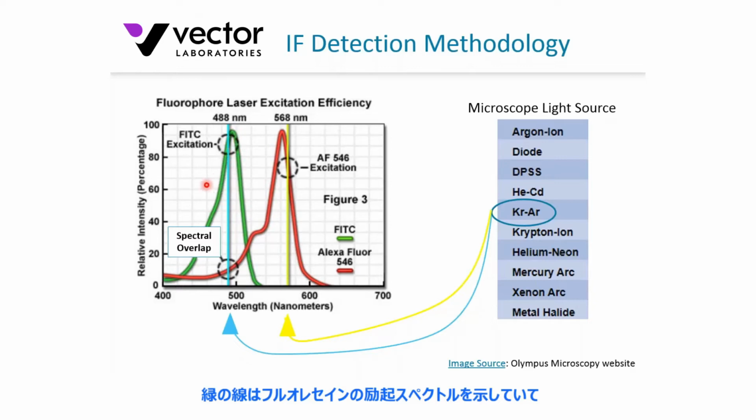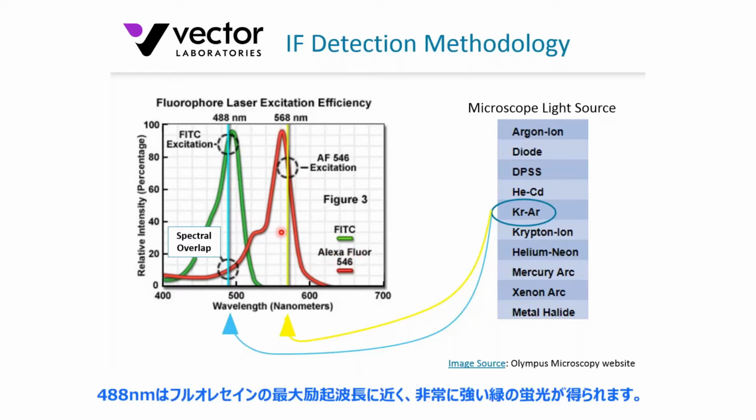And you will see that the green line here shows the excitation or the absorption spectra of fluorescein, and the red one is the excitation or absorption spectra of Alexa 546. So you will see that at 488 nanometers, this is very close to the peak of the fluorescein molecule, which will give you a very high emission for that given fluorophore.